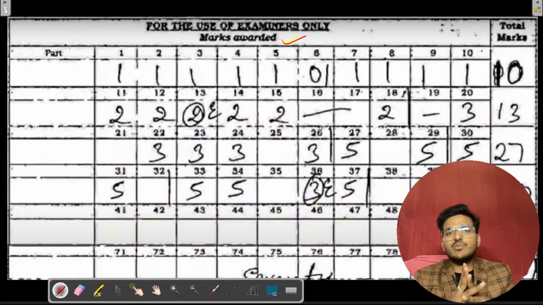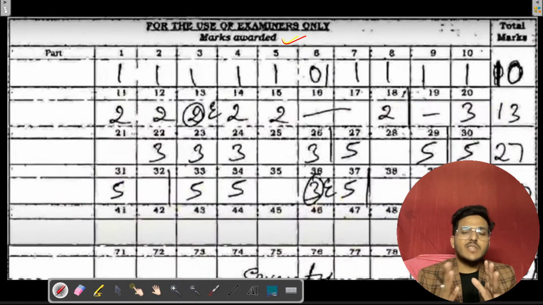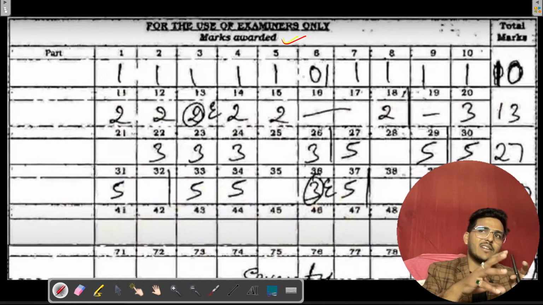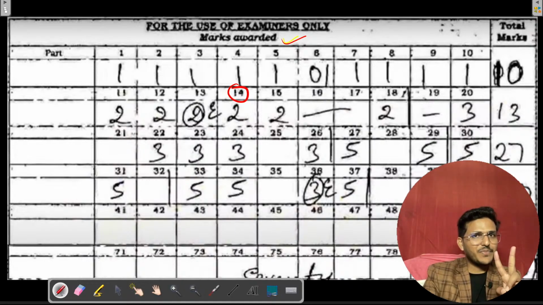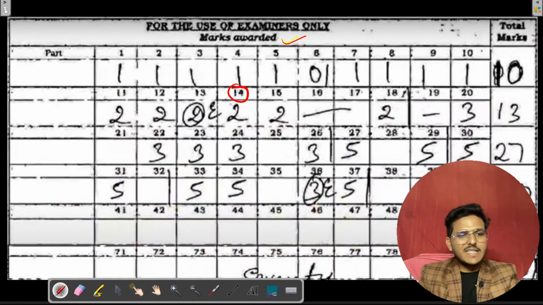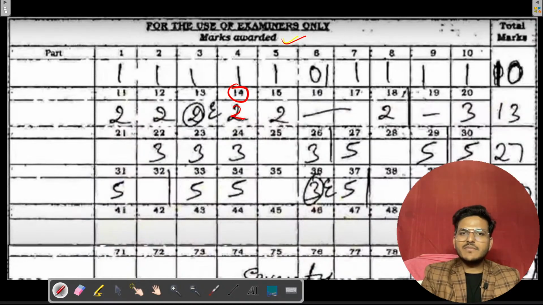See, many of the students try to solve the same question multiple times, right? You will try a 3 marker question at the 4th page and later on the same question at the 10th page or 12th page. So avoid this. Suppose you are repeating question number 14 two times. First time when the examiner is checking your question number 14, they put the marks over your front page.